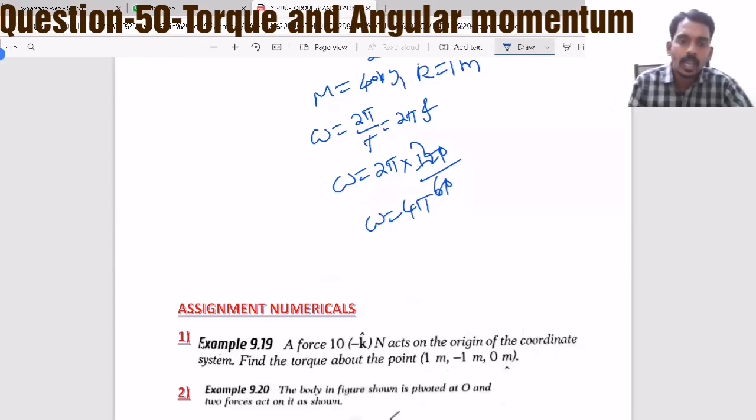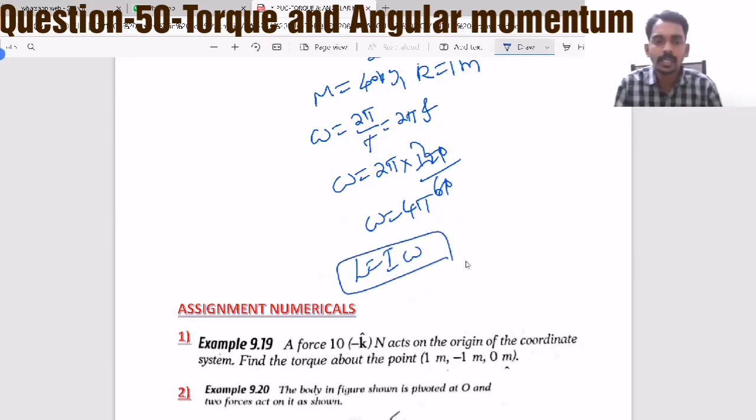Then we can find the angular momentum using the formula I omega. That way, sometimes they can ask the angular momentum or torque of a rigid body also. Of course, in the next lecture, we will also study the rotation of a rigid body about a fixed support and the quantities associated with the rigid body.